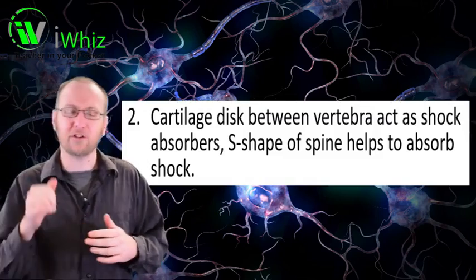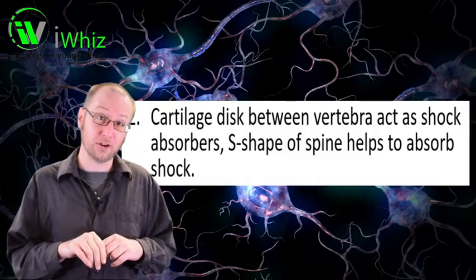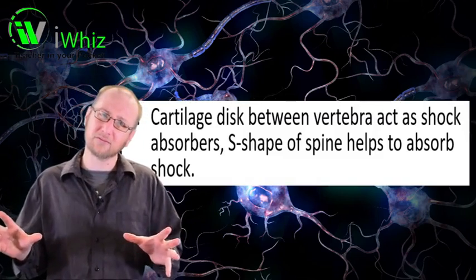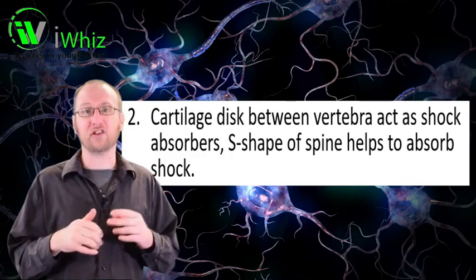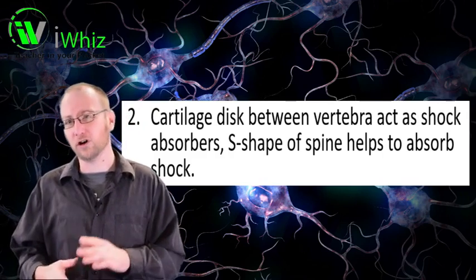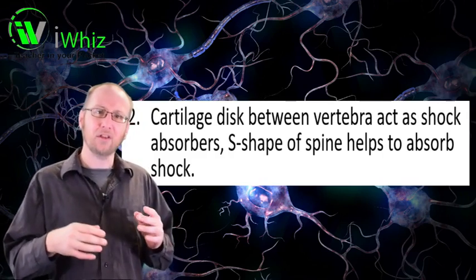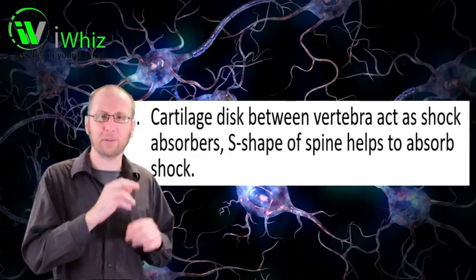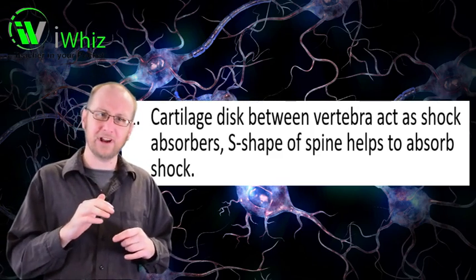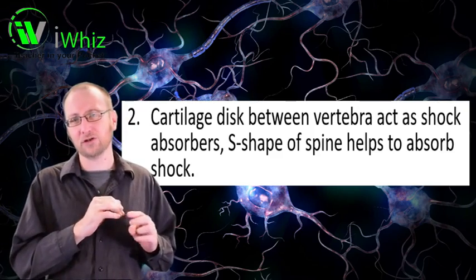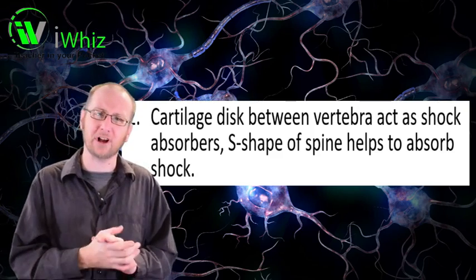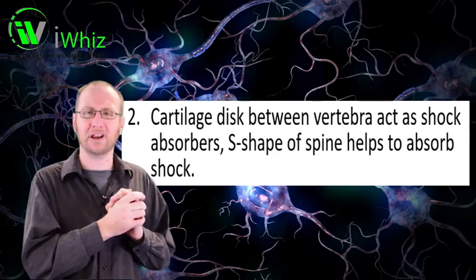One, the spine is S-shaped, so it can expand and compress, and this helps to protect it against shock and jarring. And the vertebrae of the spine are separated by cartilaginous discs, which also help to protect the spine against jarring and shock.